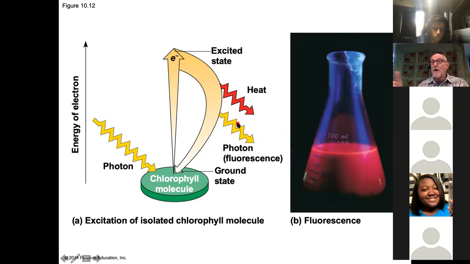Well, that is exactly what happens. All of the systems of photosynthesis, this is what they depend on. They depend on the fact that chlorophyll molecules have electrons which can be boosted and then can be allowed to fall back down to their lower energy level, and the cell will harvest that energy and use it. And that's what we're going to watch happening.